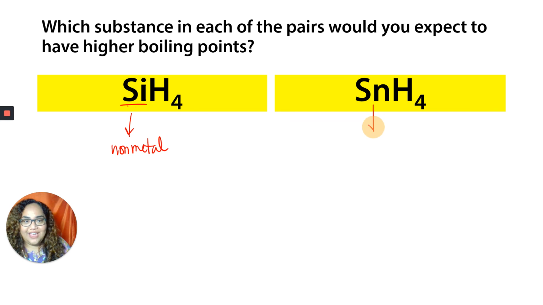Tin, on the other hand, is a metalloid. For silicon tetrahydride, its weakest IMF would at least be London dispersion.